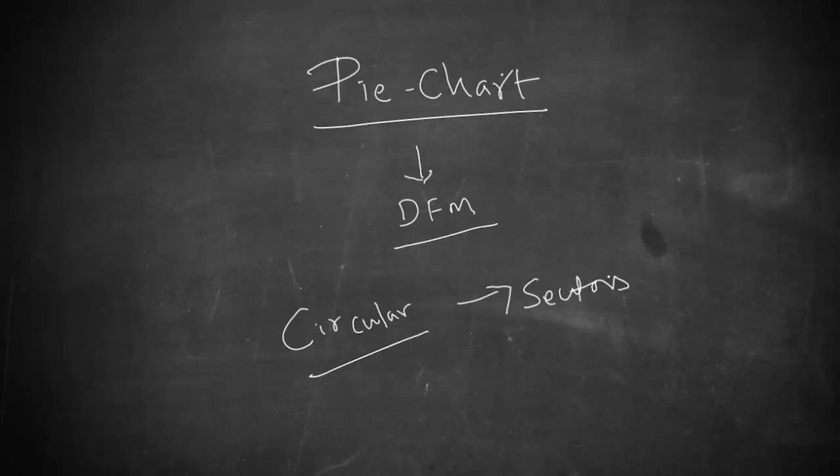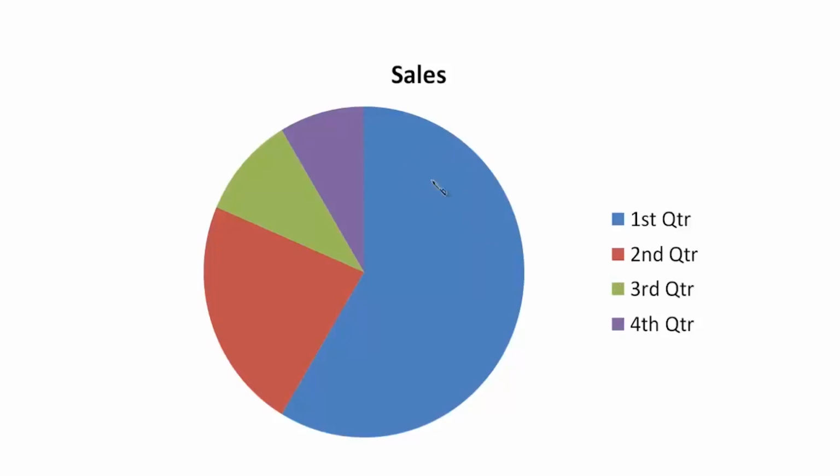Let's see how a typical pie chart will look. A typical pie chart will look like this, wherein you divide the circle into various sectors so that each sector illustrates a numerical proportion. Here, this pie represents one full year.